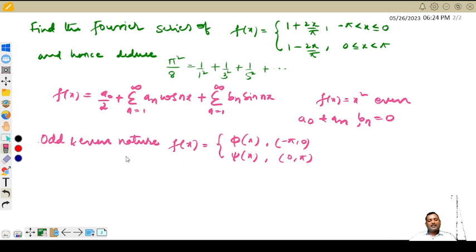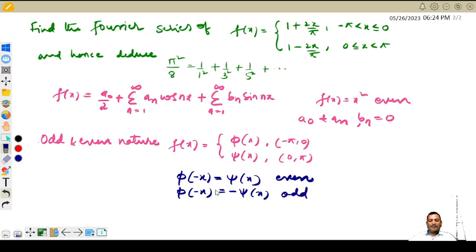So how do we decide whether the function f of x is even or not? This is very simple, students. If phi of minus x is equal to xi of x, that is, if you replace x by minus x here and you get this value, it is called even, and if phi of minus x is equal to minus of xi of x, we call it an odd function.